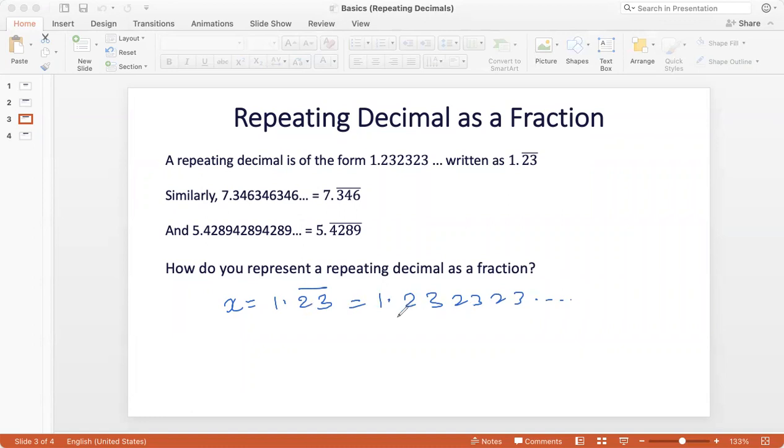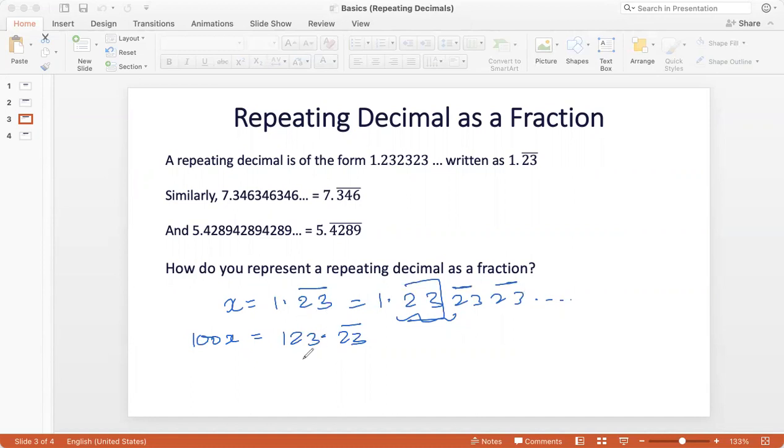So if I multiply this decimal by 100, then I would get 123.23 bar, because if I bring these two numbers before the decimal by multiplying by 100, then that 23 bar will still stay because that just goes on, right?